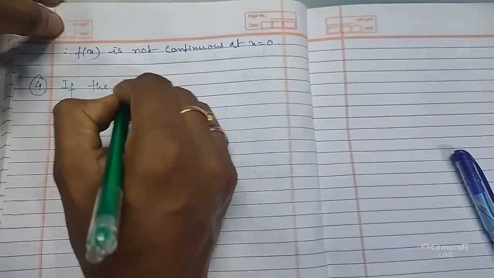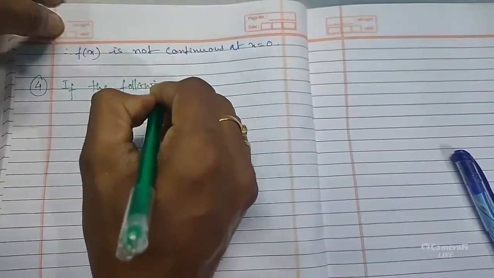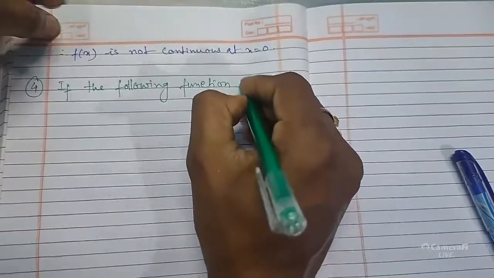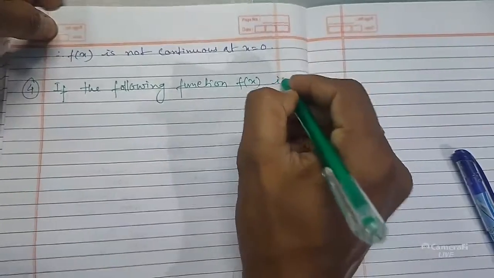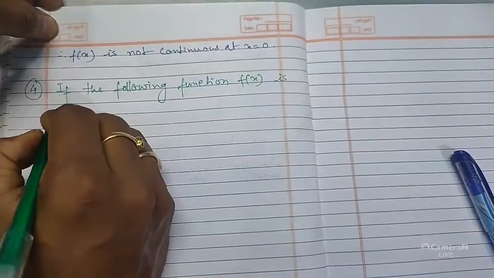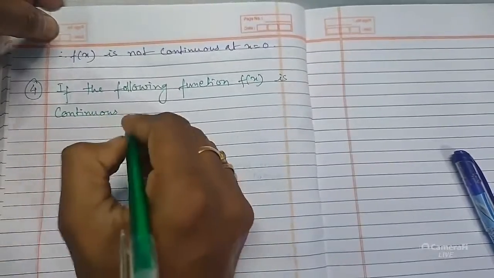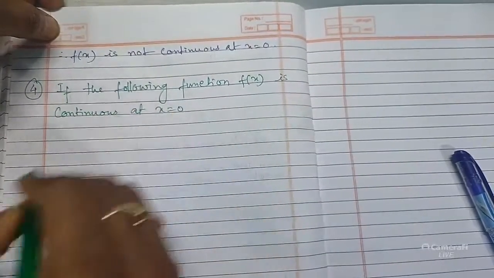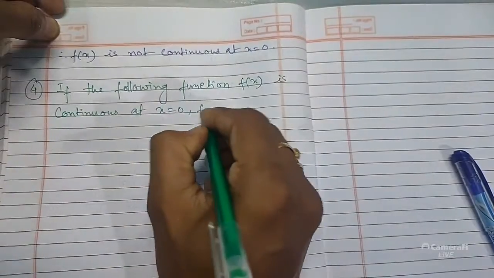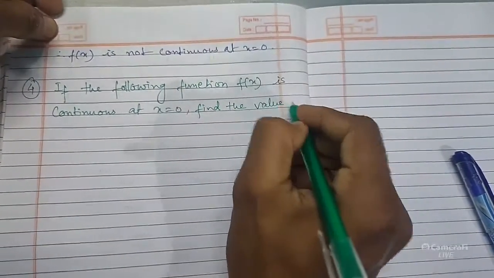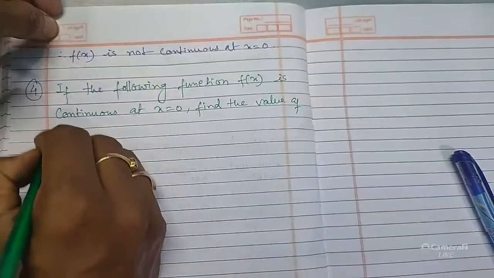If the following function f(x) is continuous at x equals 0, find the value of k.